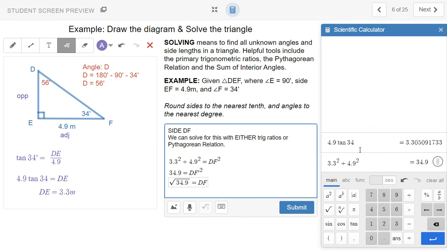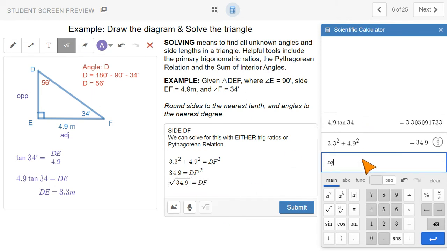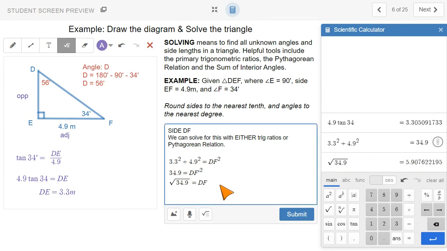And that's equal to DF. So DF is 5.9 meters. Right, we have solved for this triangle, and we've used three different methods. We've used the sum of the interior angles, trig ratios, and Pythagorean relation.